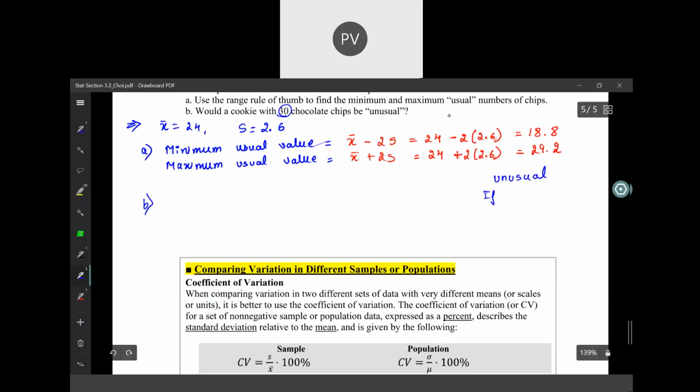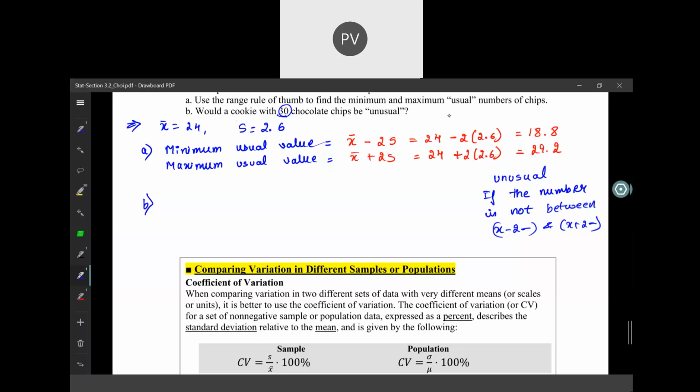If a number is not between the range x bar minus 2 sigma and x bar plus 2 sigma, then we call that number unusual. So our work is to find out whether that 30 is unusual or usual.